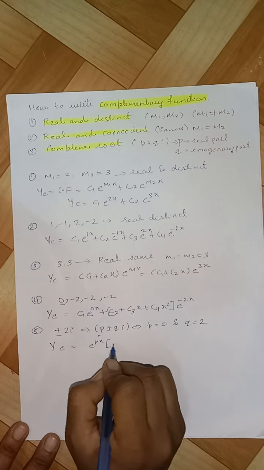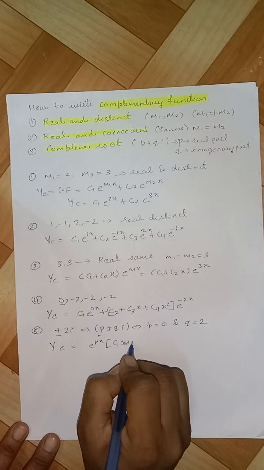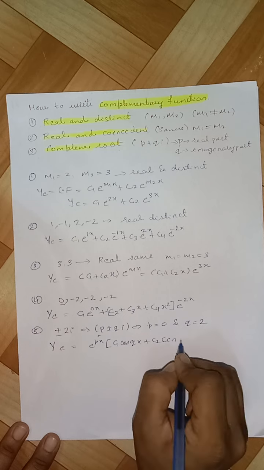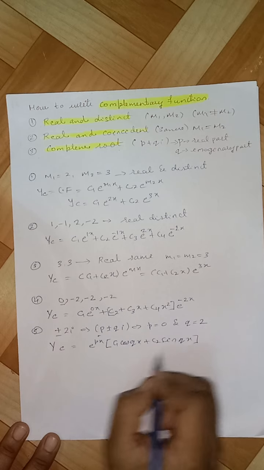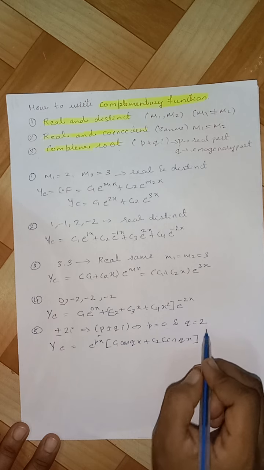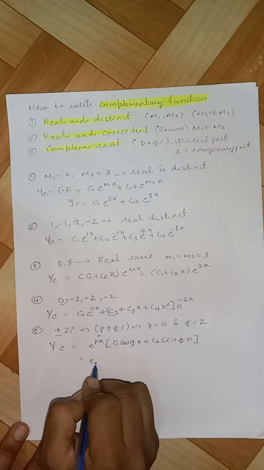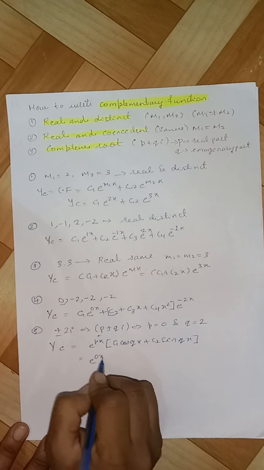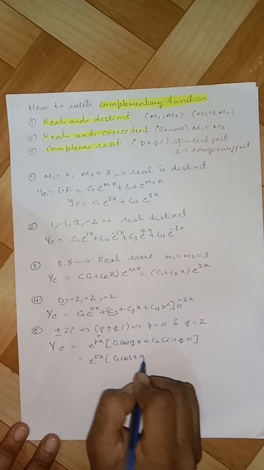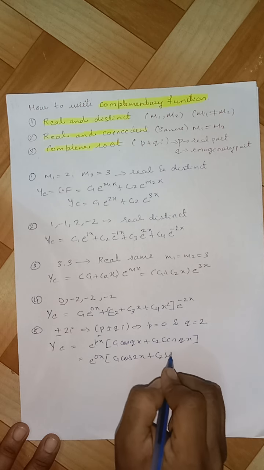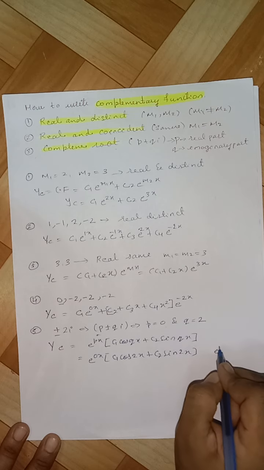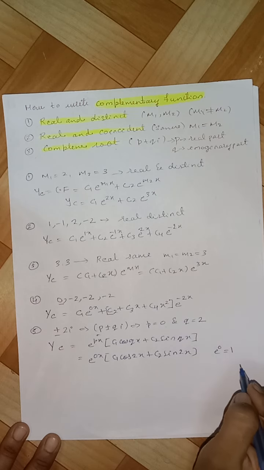So e raised to px into c1 cos qx plus c2 sin qx. So in this you substitute the value of p as 0 and q equals 2. So this will give us e raised to 0 into x, c1 cos 2x plus c2 sin 2x, and we all know e raised to 0 is equal to 1.